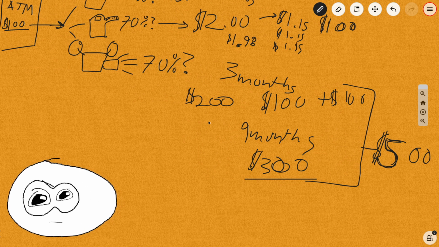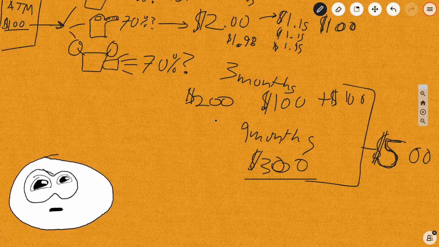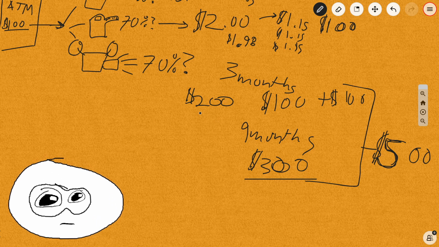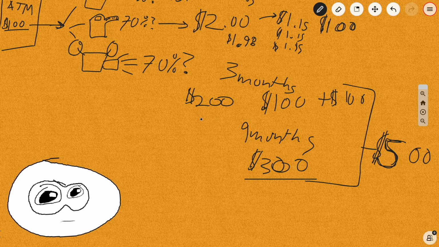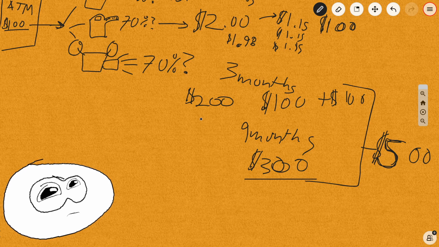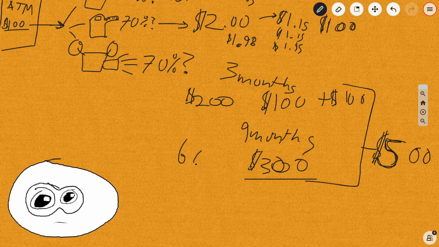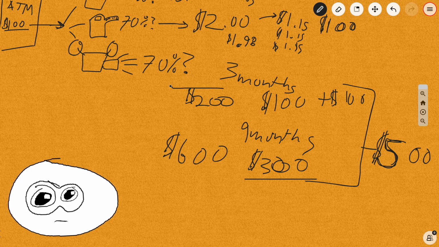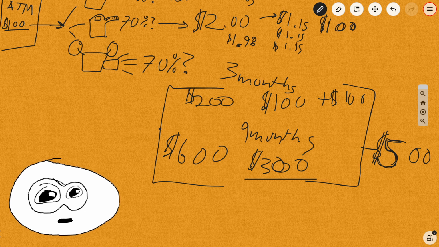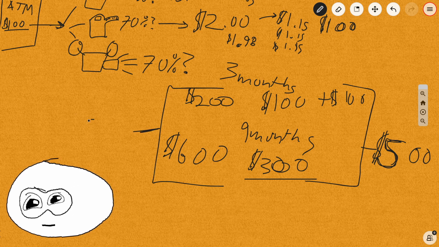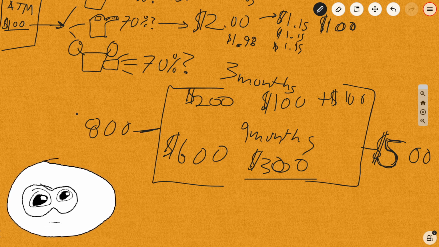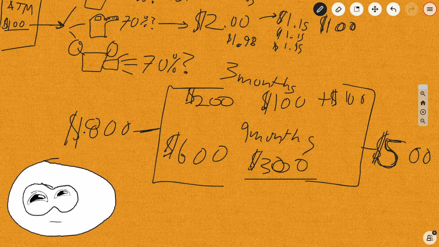Whereas over here, for these 9 months, it balloons out of control. Let's see. Yeah, 600. And so without the membership, and just buying gas as you've been buying, you ended up spending $800 for the whole year.